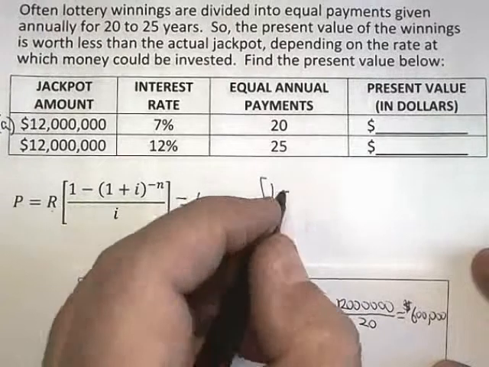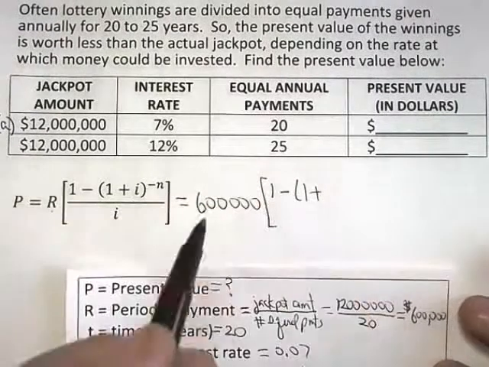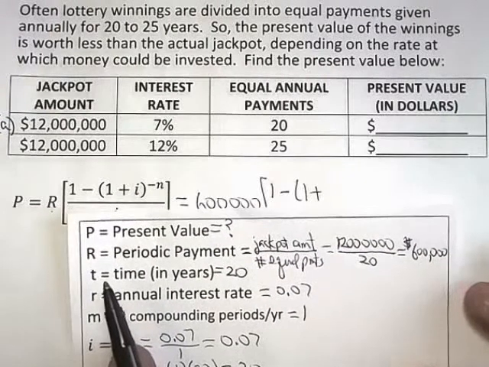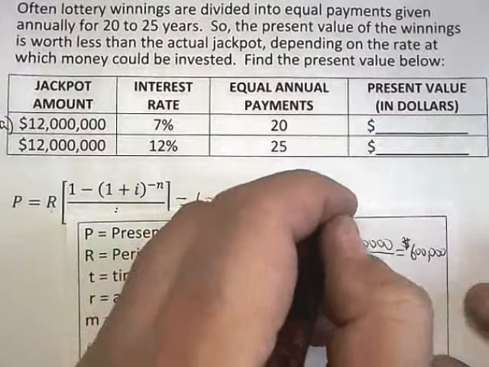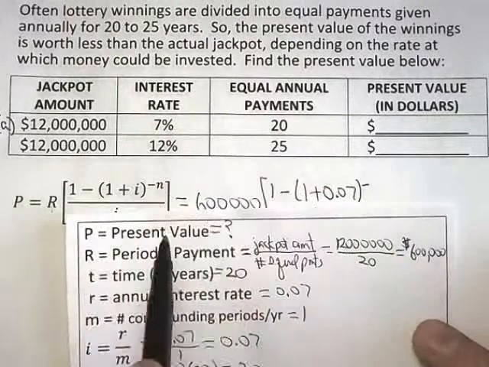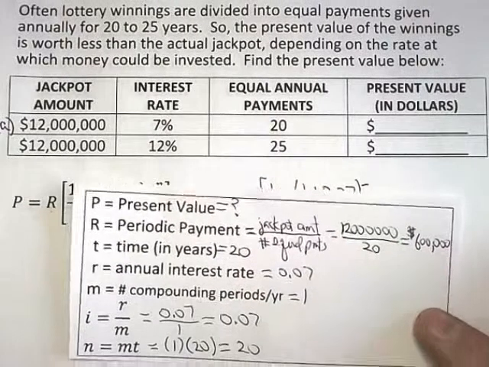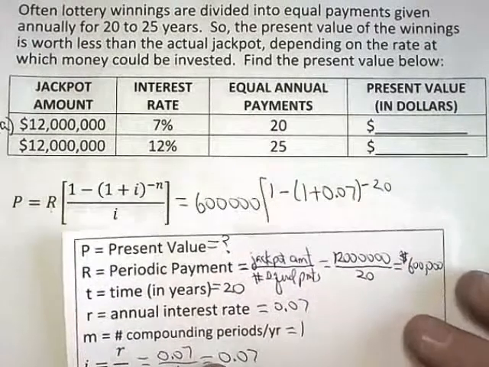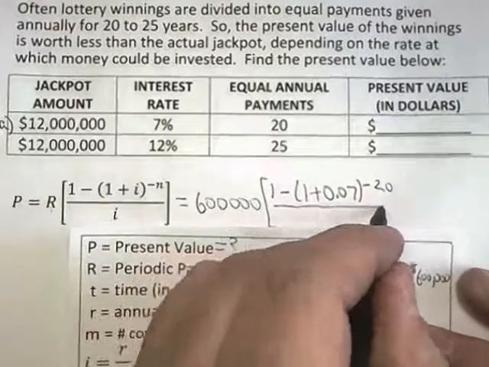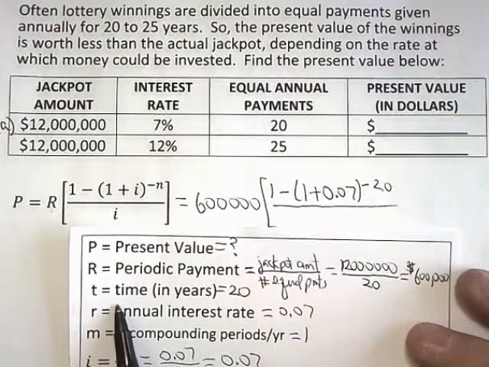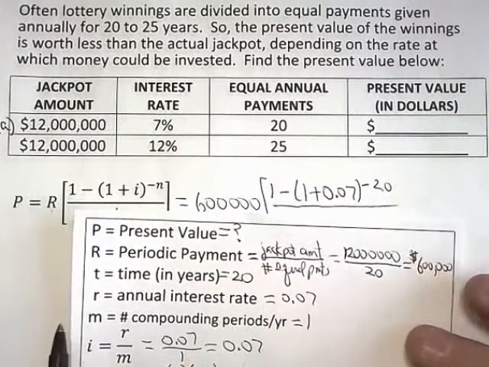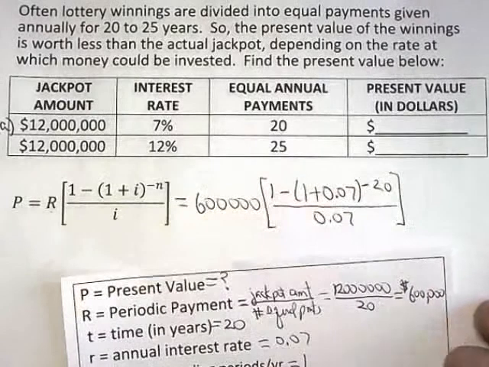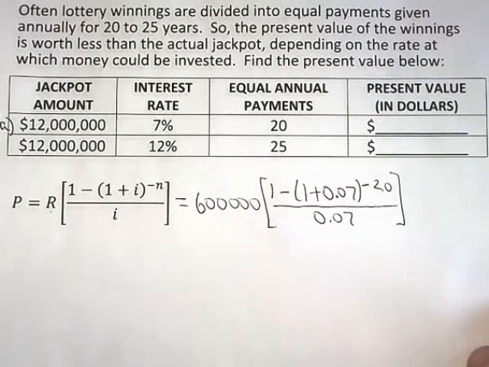Then I've got 1 minus the quantity 1 plus little i, which I've calculated to be 0.07, raised to the negative n power, and I've calculated n to be 20, so that'd be the negative 20th power. And then that entire numerator is divided by little i, which again is 0.07. And now it just becomes a calculator problem.